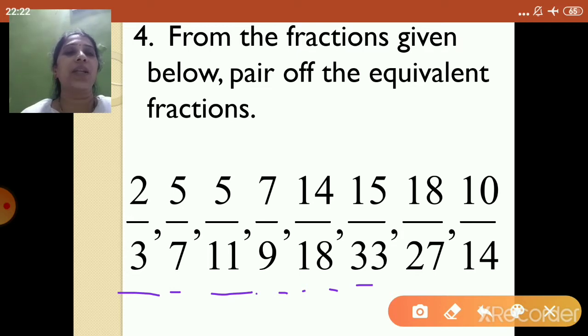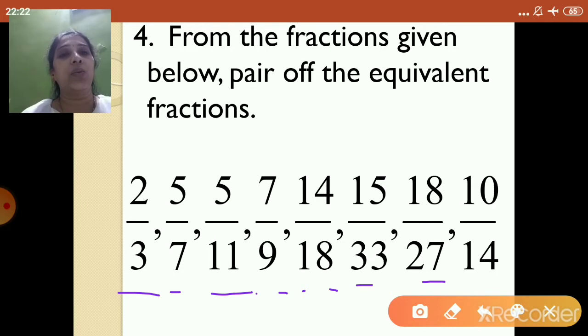Now let's move to the next one, 18 upon 27. Now 18 upon 27 children, we'll start with the 2's table, right? But in the 2's table 27 does not come. So we'll go through the 3's table. So 3 6s are 18 and 3 9s are 27. But 6 upon 9, if you see children, it is further divisible.